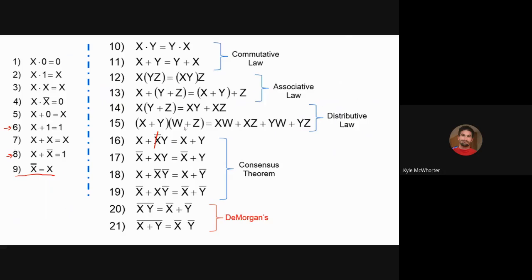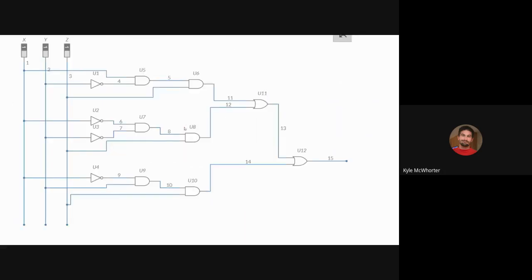Okay, next I want to work through this problem with you. So what do we have here? This is x. Then we've got y coming in here. So then over here we'll have not y. Right here we've got x. So we're going to have not x over here. Right here we've got y.